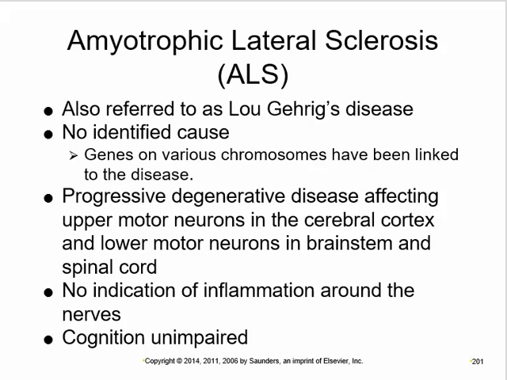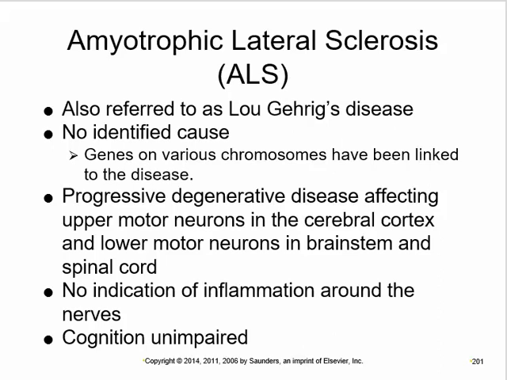And then they synapse with lower motor neurons in the brain stem and the spinal cord. So all of these motor neurons are affected, but it starts usually in the upper motor neurons on the lateral sides.